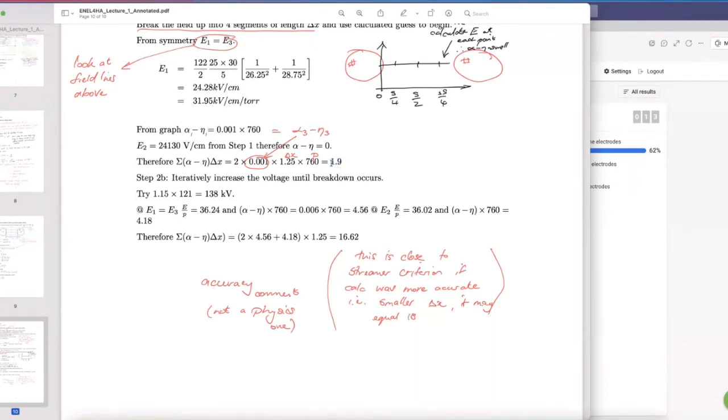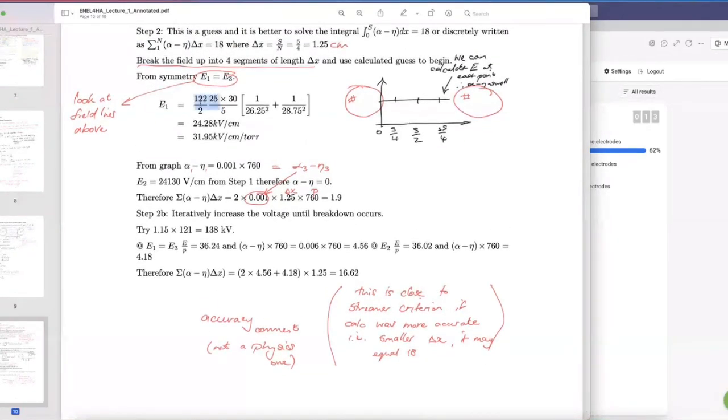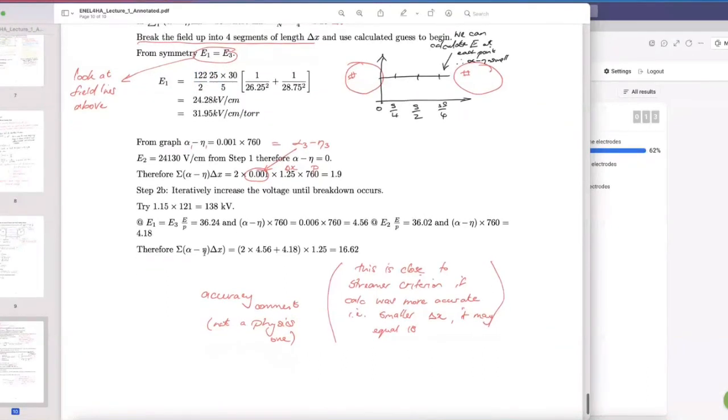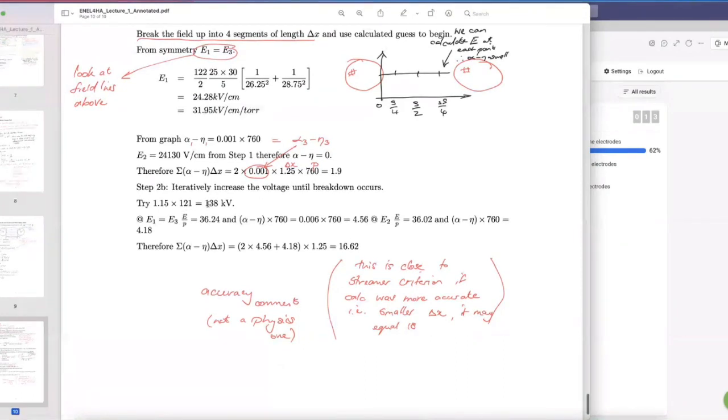That doesn't equal 18, therefore we need to increase the voltage that we used here. So let's try 1.15 times 121 or 122, which gives us a voltage of 138 kV.